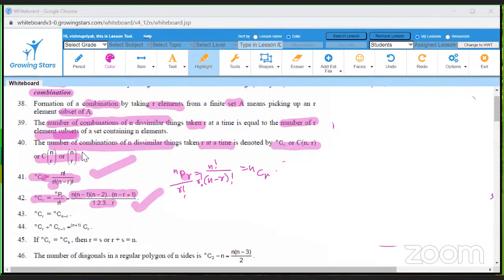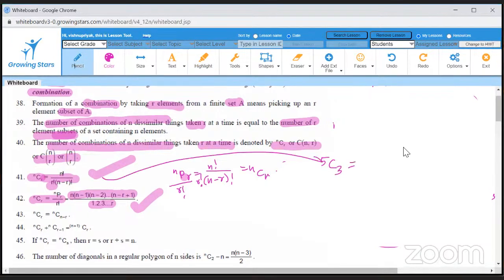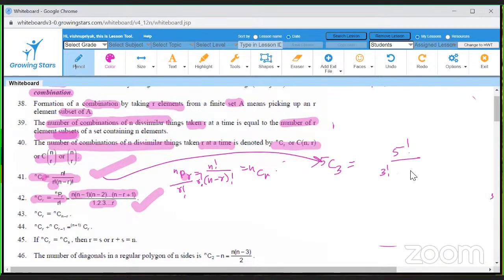Any number you can take. Suppose you want 5C3, use this formula: 5 factorial by 3 factorial into (5 minus 3) factorial. Practice like this. See you tomorrow. We'll continue the formulas and we'll practice some problems also.